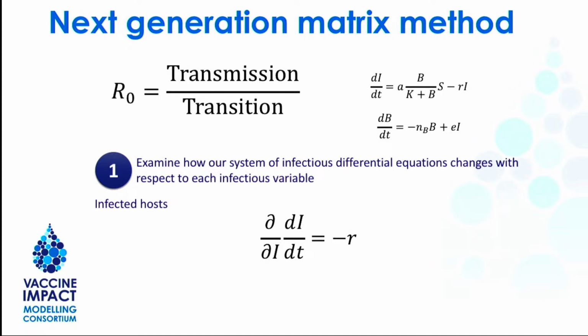Okay? So we're differentiating this equation with respect to I. Because in this first term, we've got no I, everything disappears. In the second term, we've got R times I. So when we differentiate that, we just get minus R. Okay.